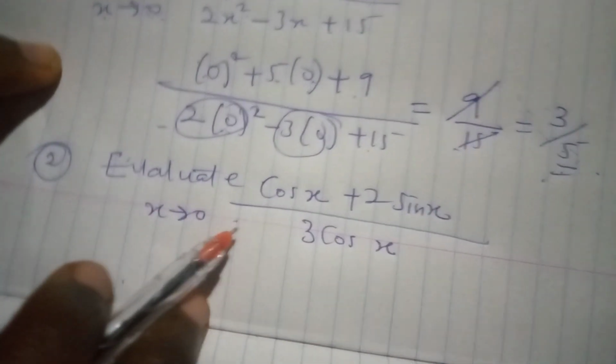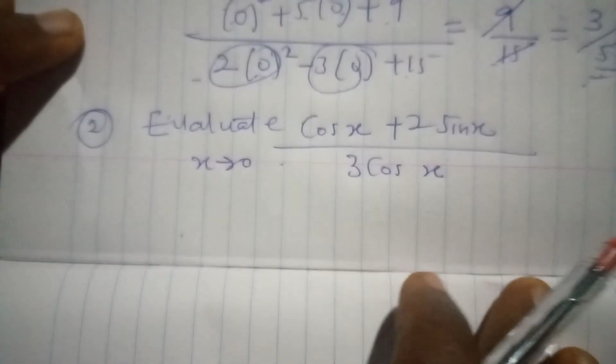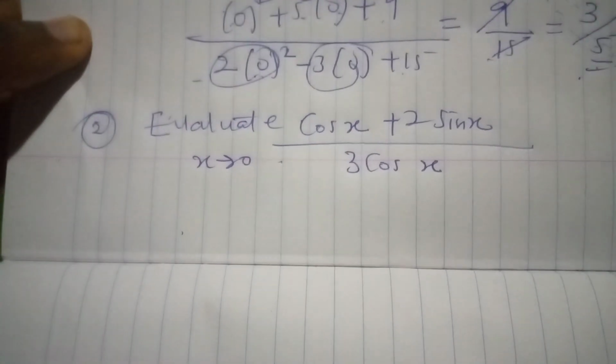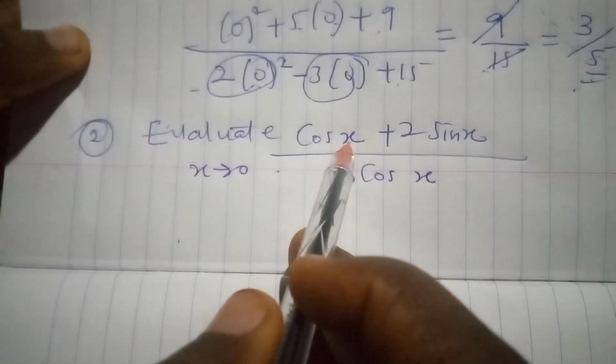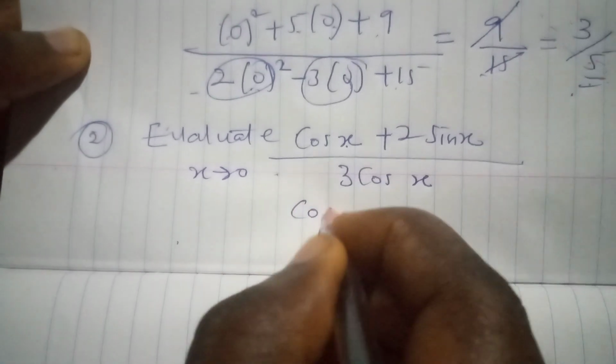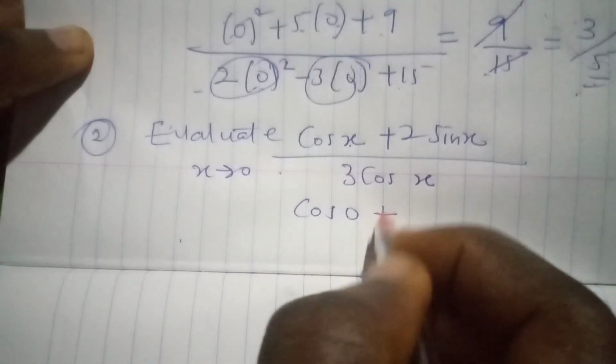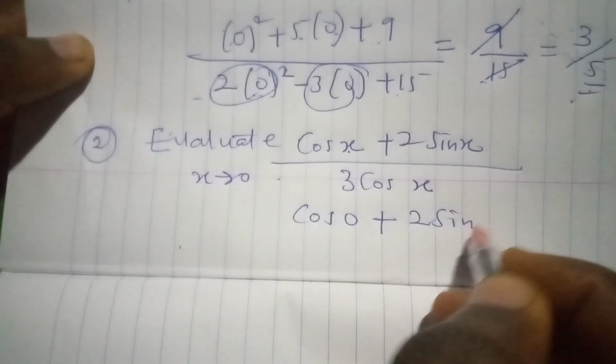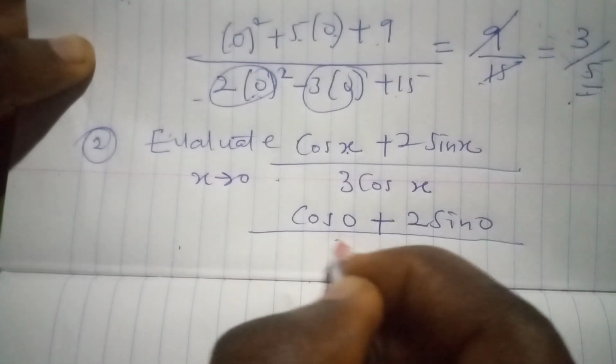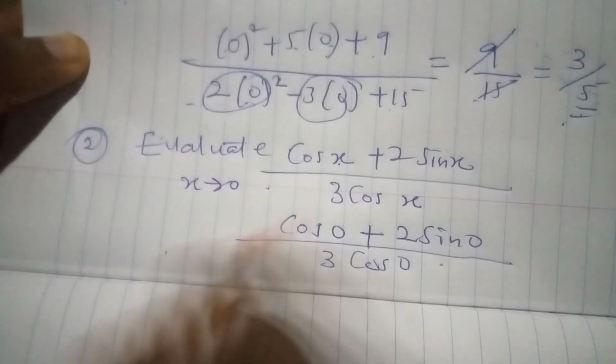For this kind of limit also, I'm going to use direct substitution. If I put 0 here, cos 0 plus 2 sine 0 all over 3 cos 0.